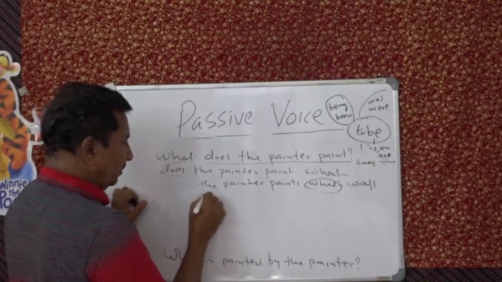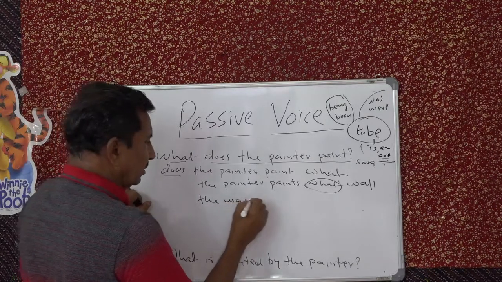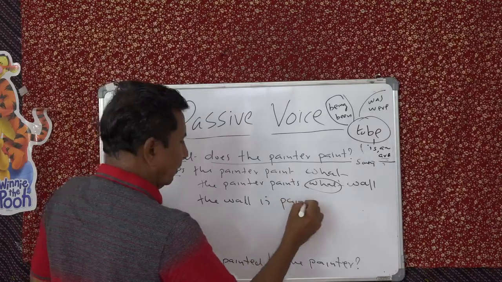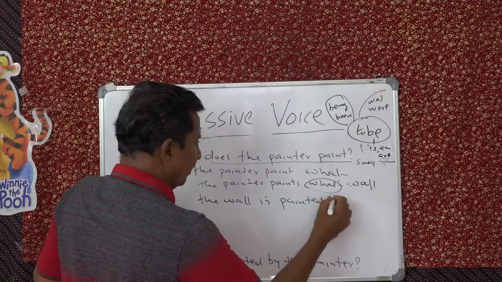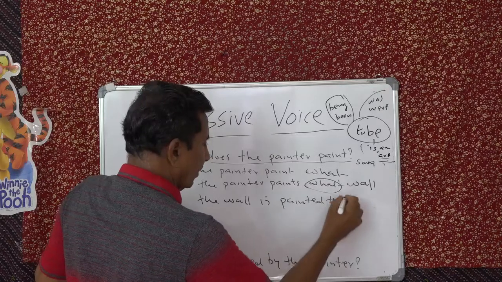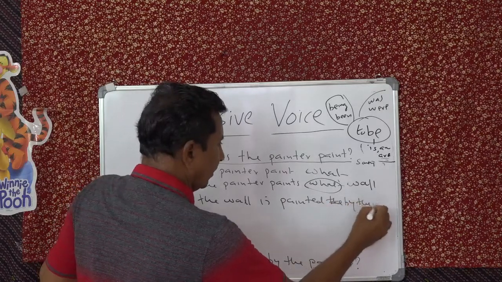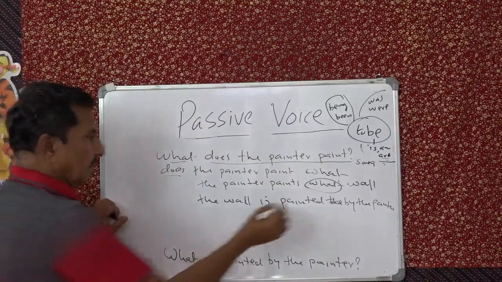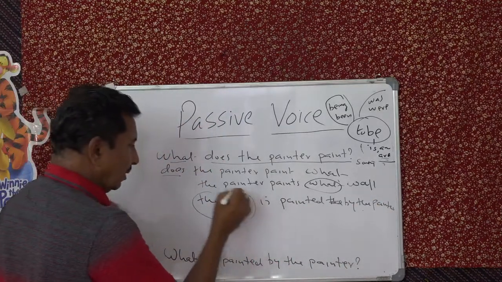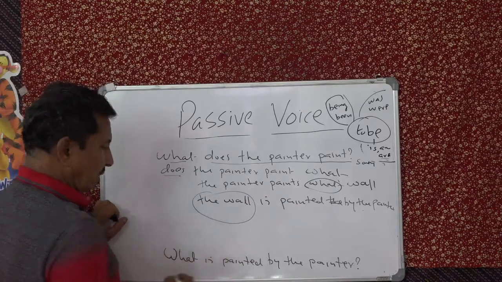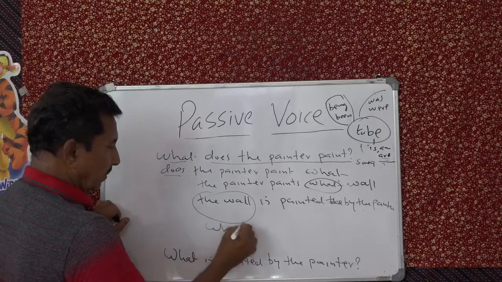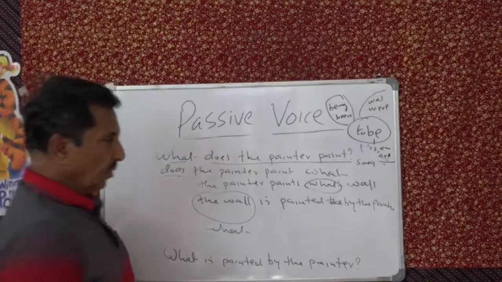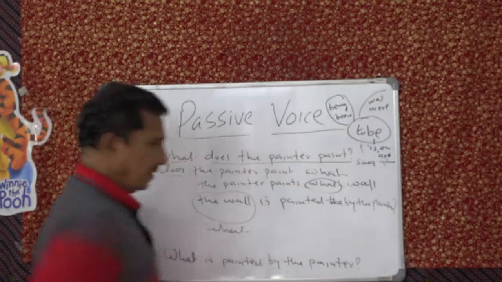The word is painted by the painter. Instead of the word, you write the question word there. What is painted by the painter? What is painted by the painter?